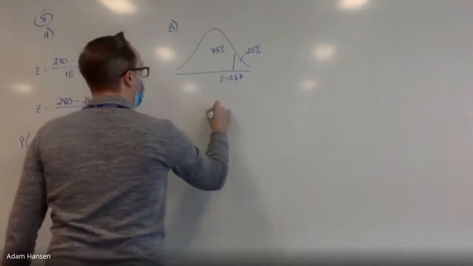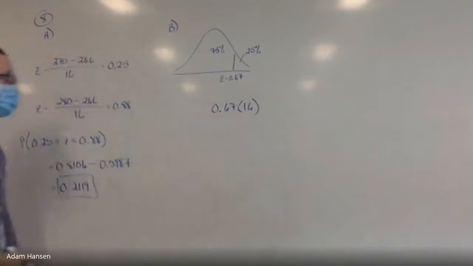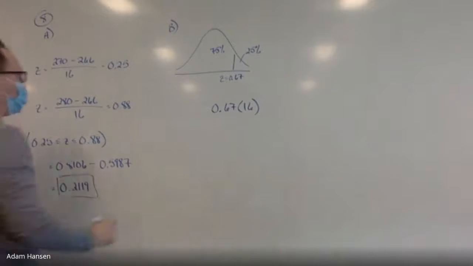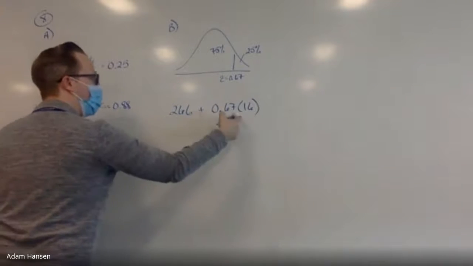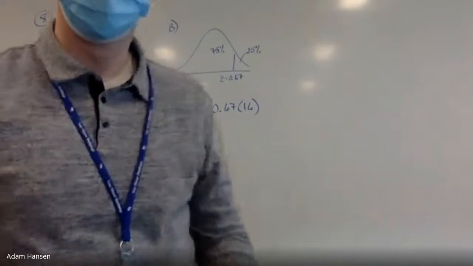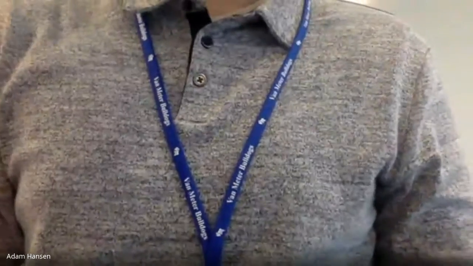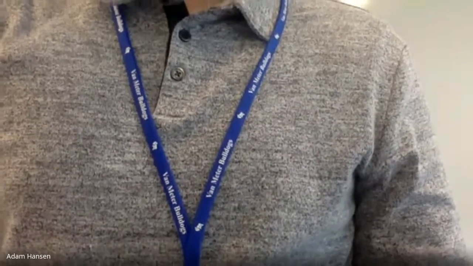All right, so we're going to add on 0.67 standard deviations of 16 days. That's how much above average we are from our average of, what was it, 266? Take your average and add on the correct amount of standard deviations to find that cutoff length for the 75th percentile of all pregnancies.